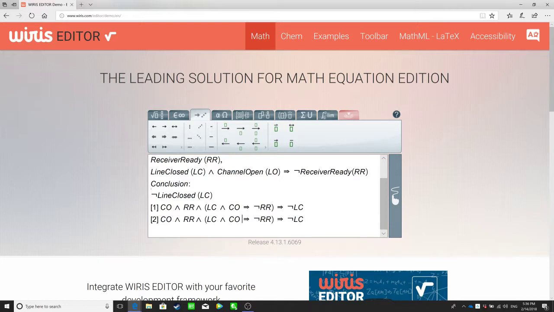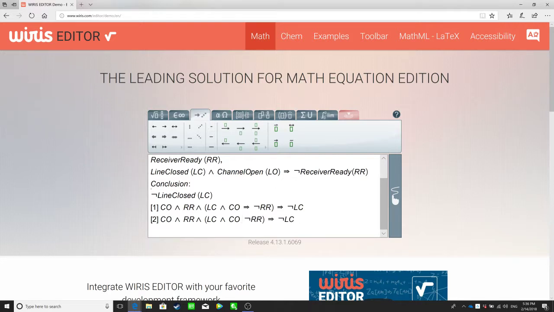We don't want to see this imply here, because it makes things not that easy. So we use IMPL.